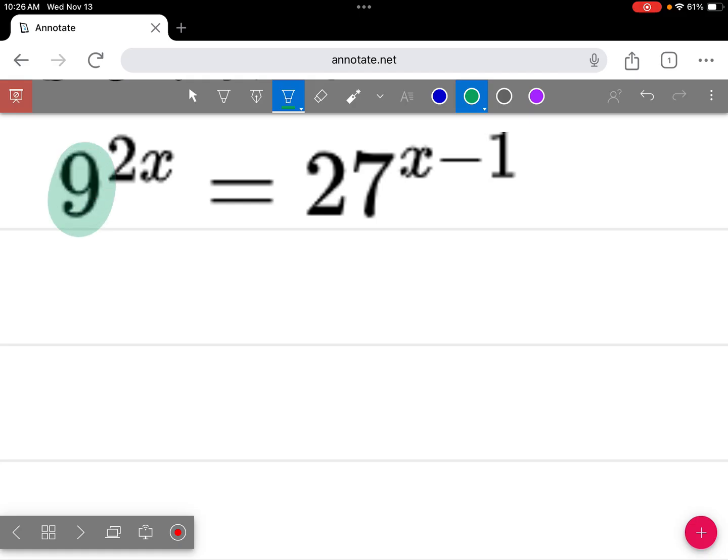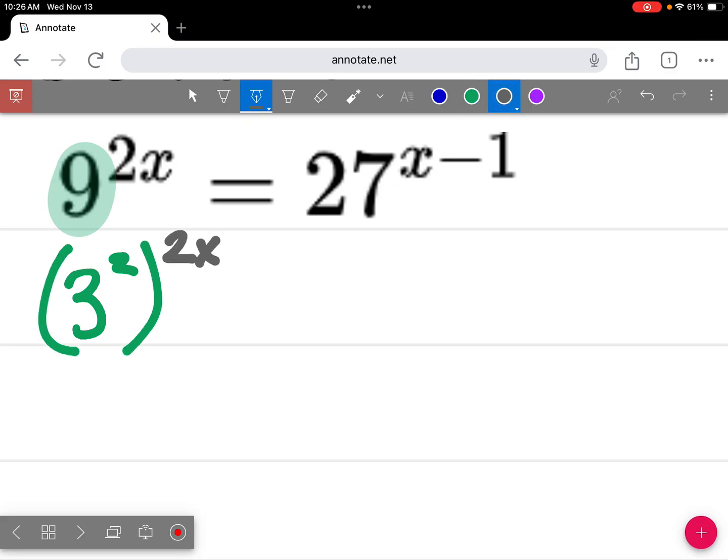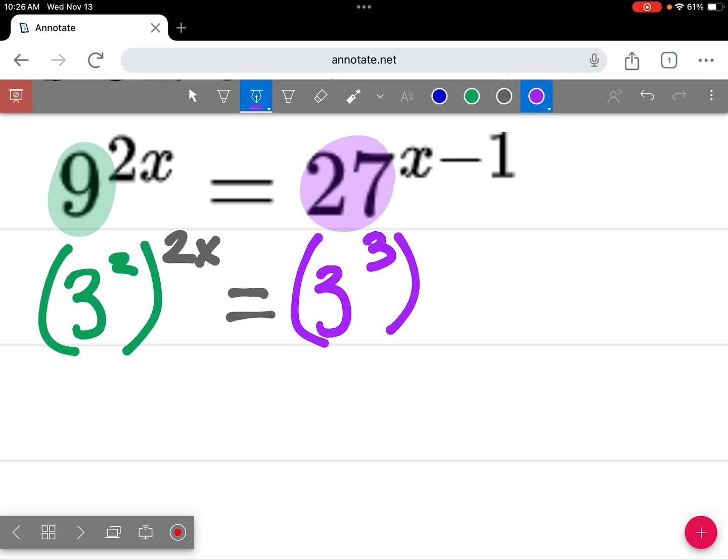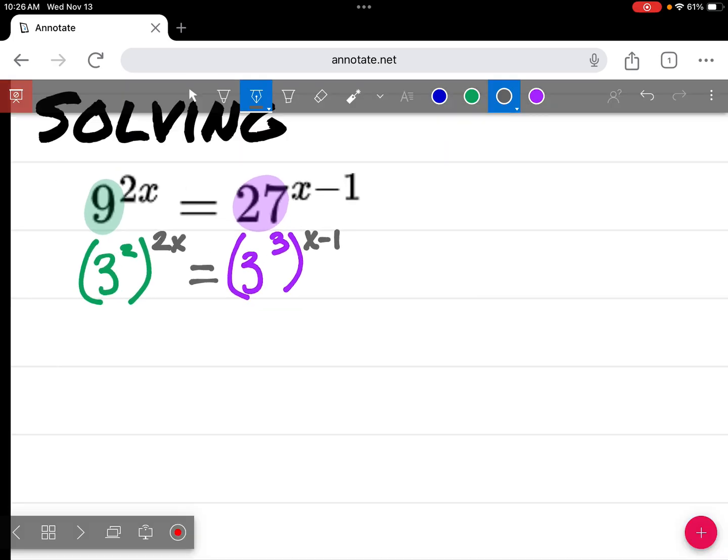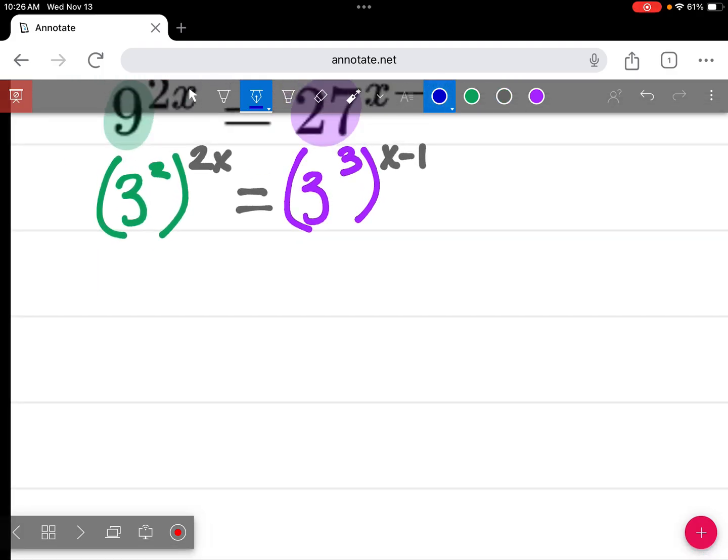So I can rewrite my 9 as 3 squared to the power of 2x, and I can rewrite my 27 as 3 cubed to the power of x minus 1. So we may have to change both bases to get to the same base, and that's okay. So what are we going to get for our statements to set equal to each other?